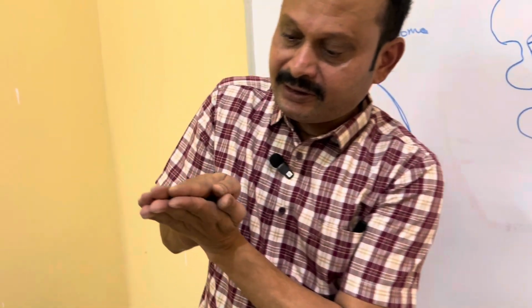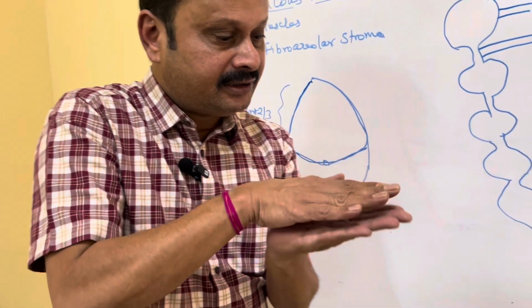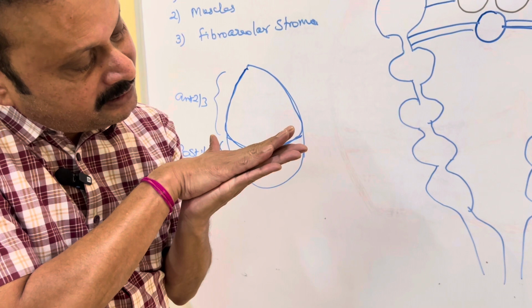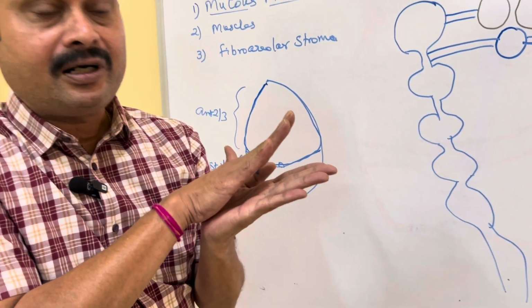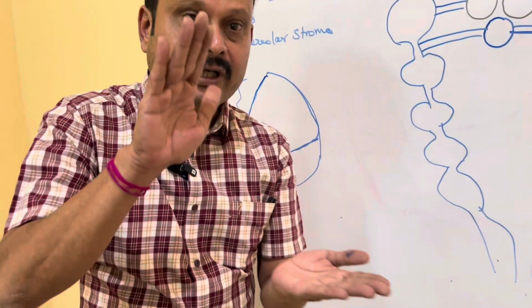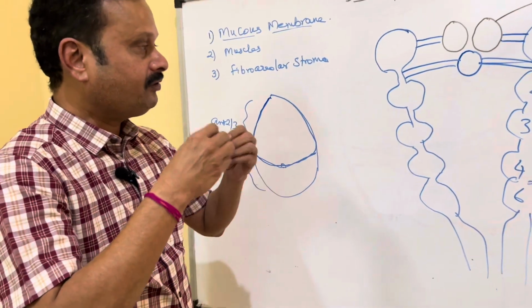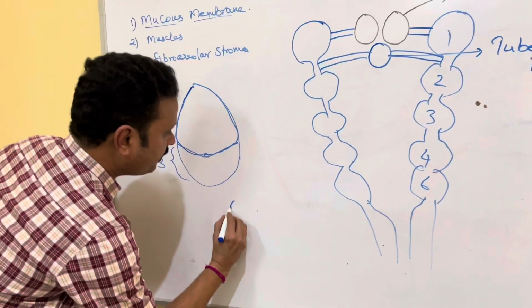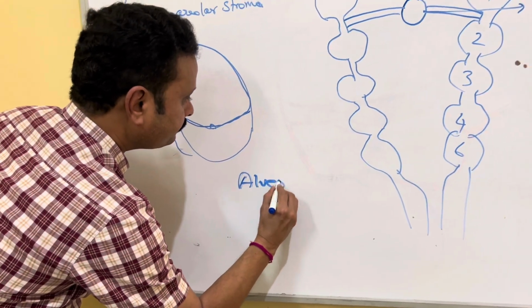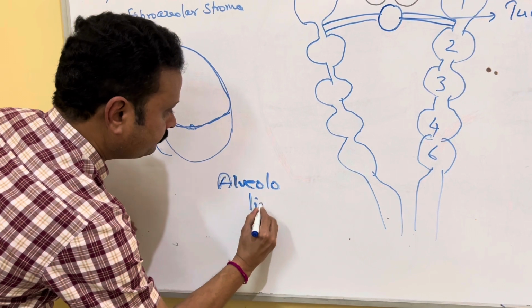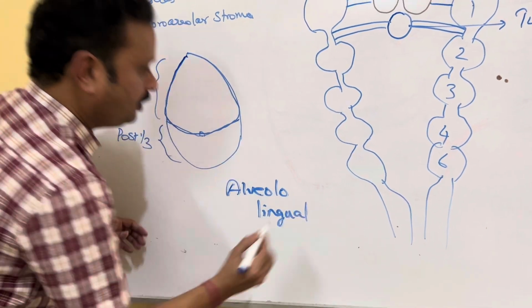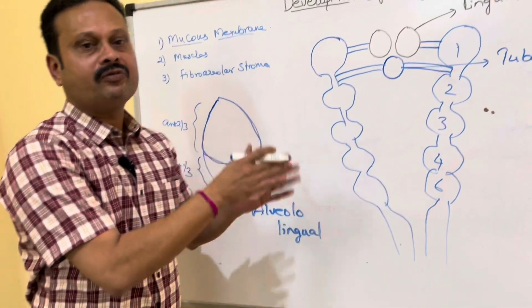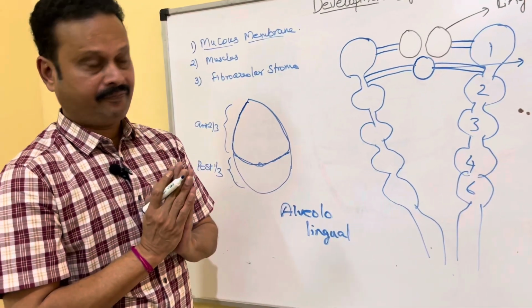If this is the floor of the oral cavity and this is the tongue, a sulcus starts appearing like this, and that sulcus is called the alveolo-lingual sulcus. The development of the alveolo-lingual sulcus separates the tongue from the floor of the oral cavity.